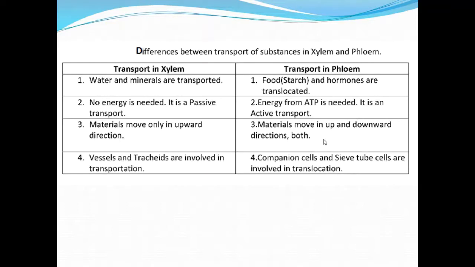So this is the major difference between the transport of water in xylem and the transport of food in phloem. And companion cells and sieve tube cells are the ones which are involved in the process of translocation of food.